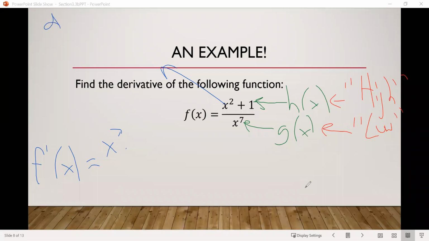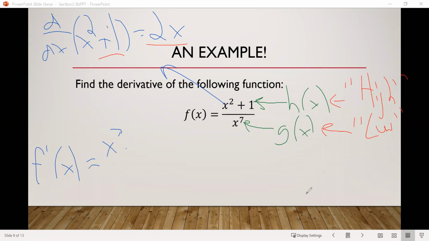If we're doing d/dx of x squared plus 1, remember we can do the derivative of each part of that function separately. So we can do the derivative of x squared, which will just give us 2x. And the derivative of 1, do y'all remember what the derivative of a constant like that is? Right, it's 0. So we just get 2x for our derivative here.